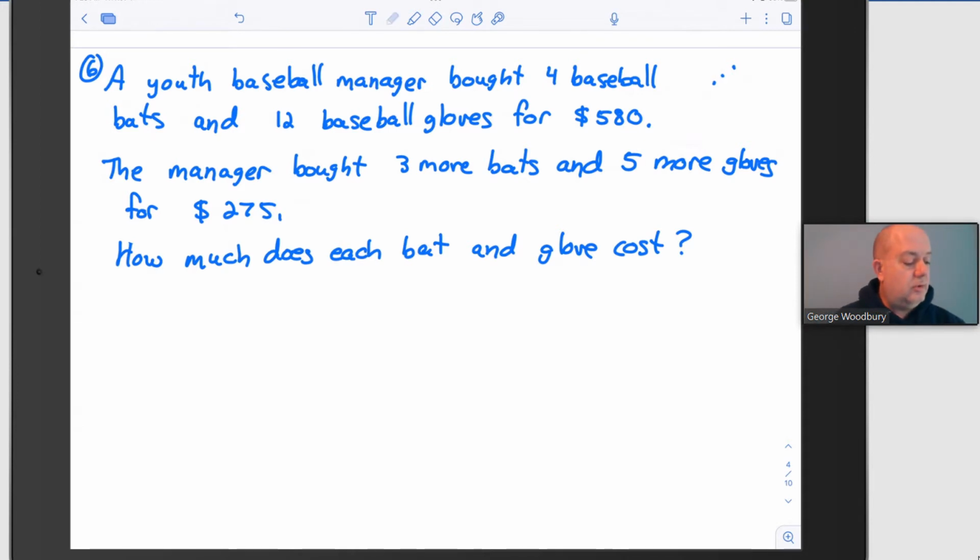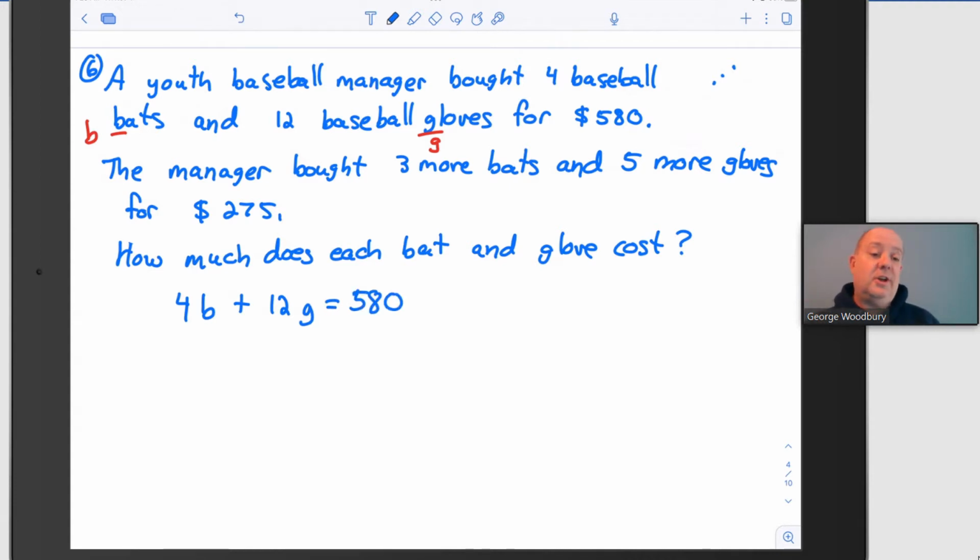I'm going to use the variable B for bats and G for gloves. The first equation comes from that first sentence. It said that 4 bats plus 12 gloves equals $580.